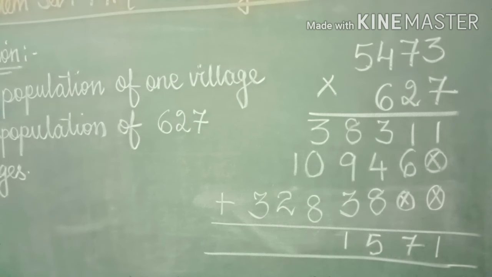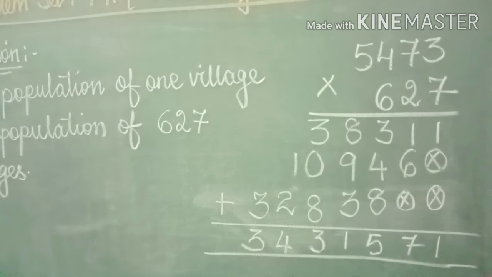So 1 carried up, 2 written, 2 carried forward. 3 plus 8 is 11, 11 plus 2 becomes 13, 3 written down, 1 carried up. 2 plus 1 becomes 3, 3 plus 1 becomes 4, and no numbers left, so directly 3.